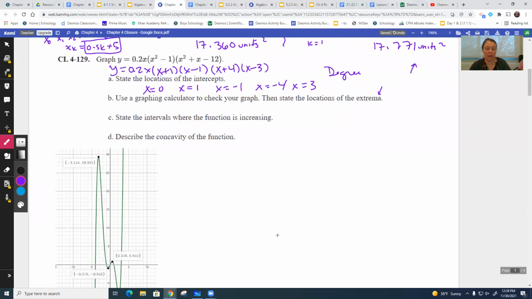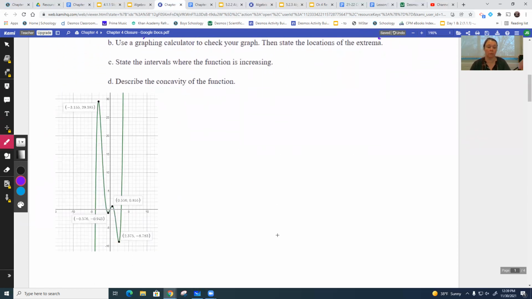All right, here's what it ends up looking like. I've got the 1, 2, 3, 4, 5 intercepts, and it's going through them all. Extrema are here where I have these turning points.